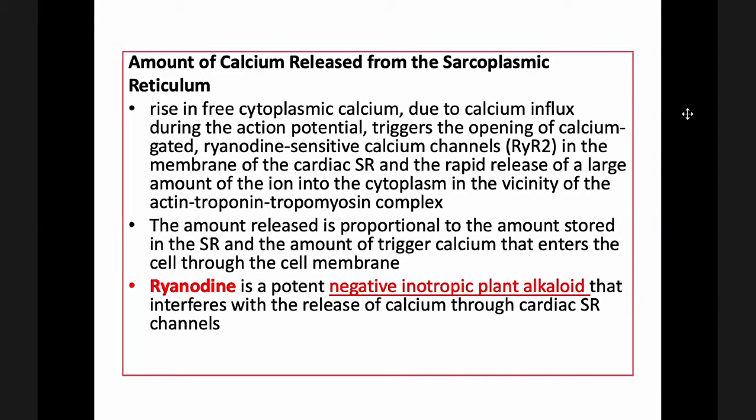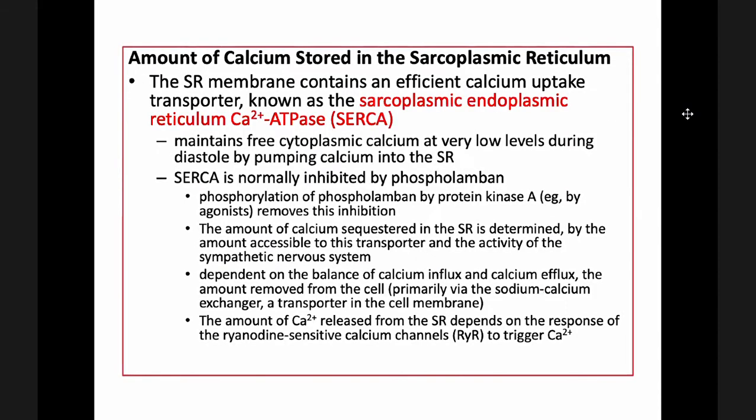So the amount released is proportional to the amount stored in the sarcoplasmic reticulum and the amount of trigger calcium that enters the cell through the cell membrane. Your ryanodine is a potent negative inotropic plant alkaloid that interferes with the release of calcium through cardiac sarcoplasmic reticulum channels.